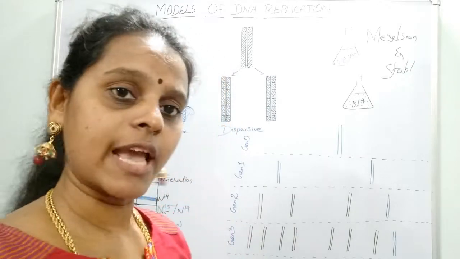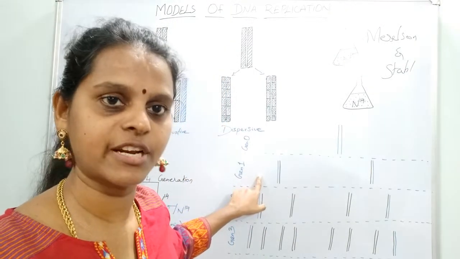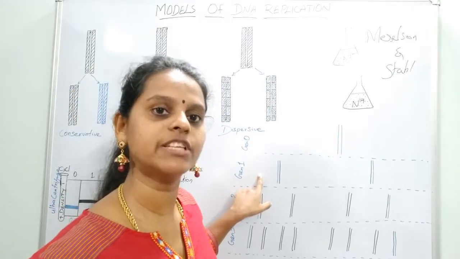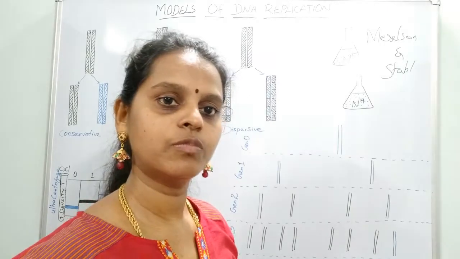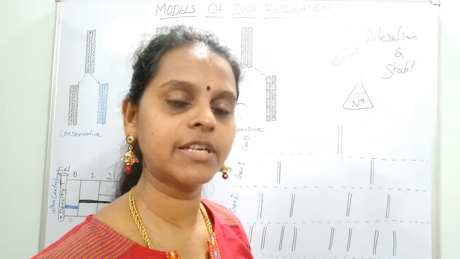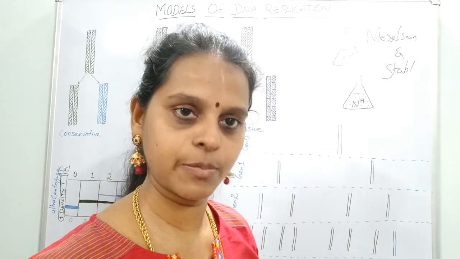Next, they isolated the DNA from the first generation. Since they know the generation time of E. coli is approximately 20 minutes, they calculated the time from when the culture was inoculated.